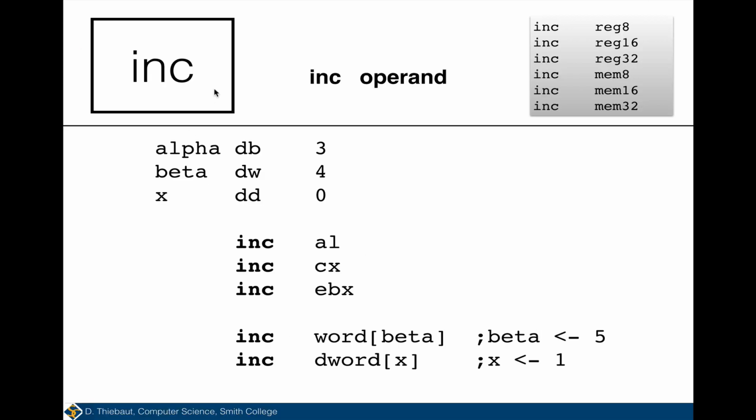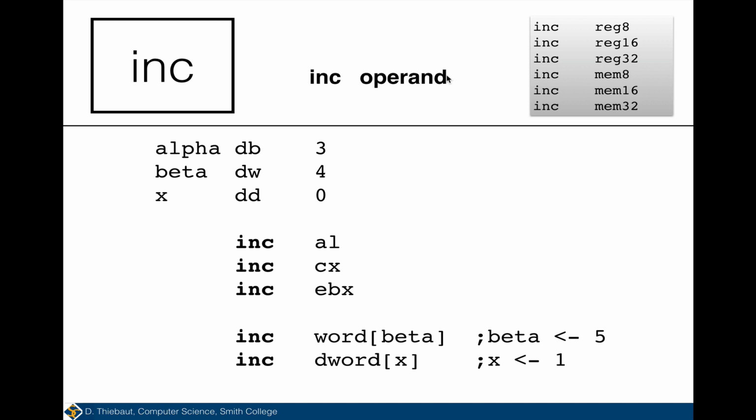So the first instruction that I want to look at is the INC instruction, and that's the mnemonic for it. The way we will use it will be INC with an operand, only one operand, because we want to increment, so adding 1 to only one thing at a time. So it's unlike the add or the move that have two operands.